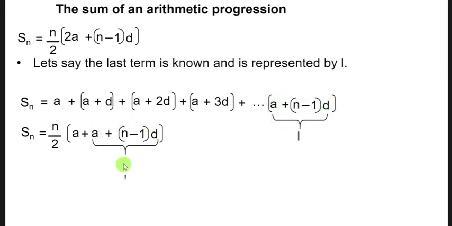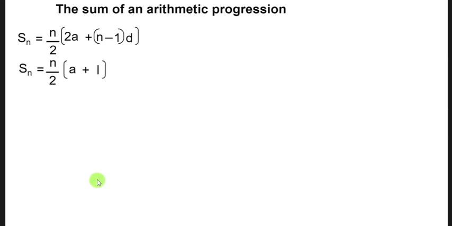So here we change as L, so we rewrite it as Sn, then n over 2, then we are going to say brackets, then we write a plus this whole part here represented by L. So this one again becomes another formula.